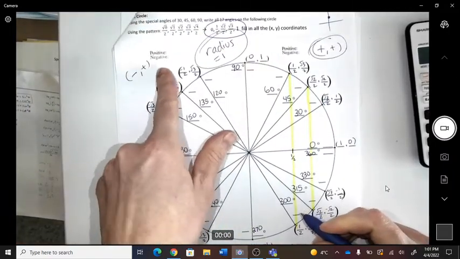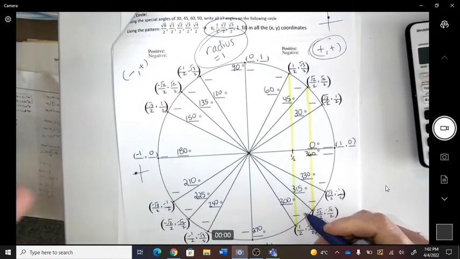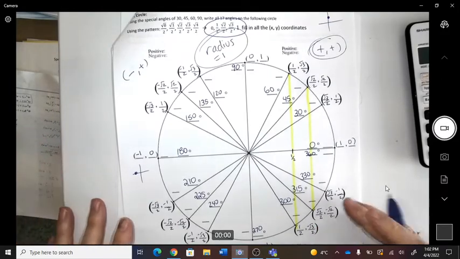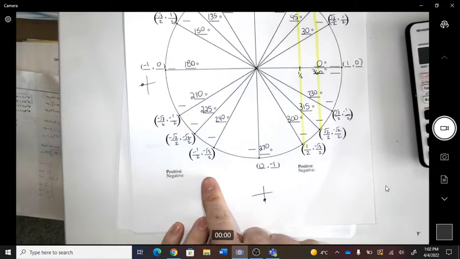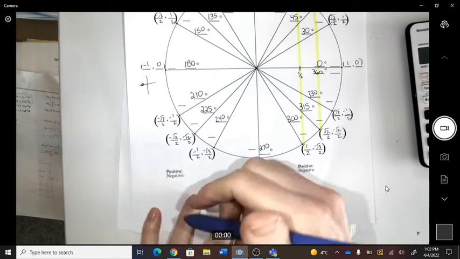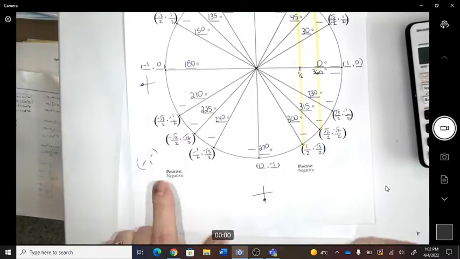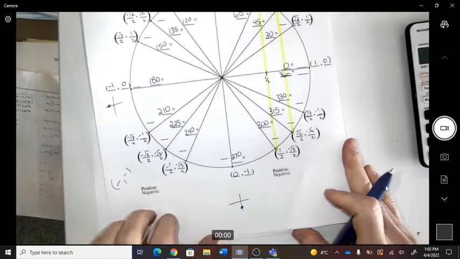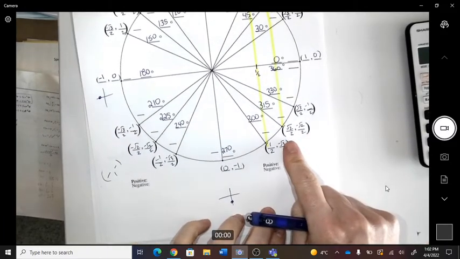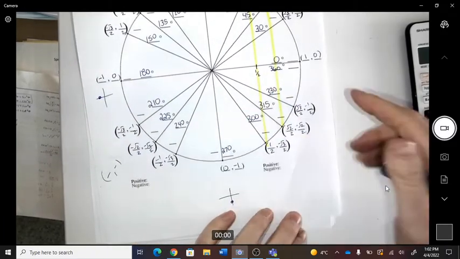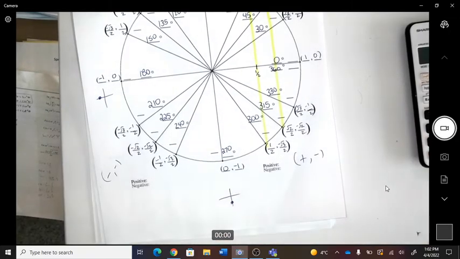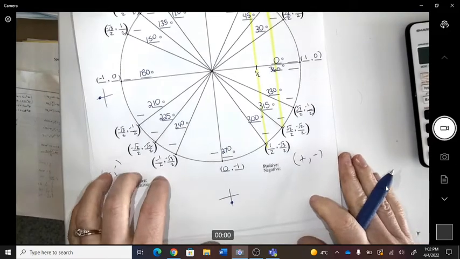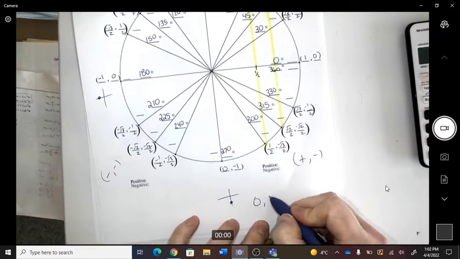Your coordinates should all be something negative comma something positive. What's going on in this quadrant? Everything's negative. And in quadrant 4, what should go on with your coordinates? Positive comma negative.